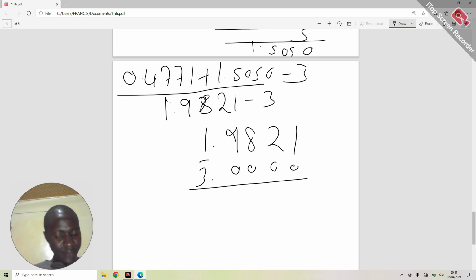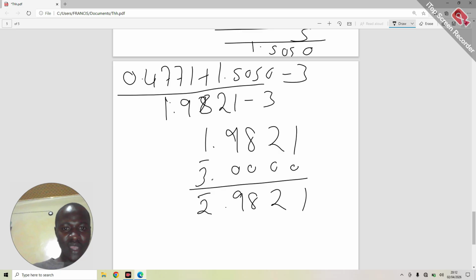Now, if you solve this, 1.9821 minus 3, we get bar 2. Now, bar 2 is a negative 2.98.